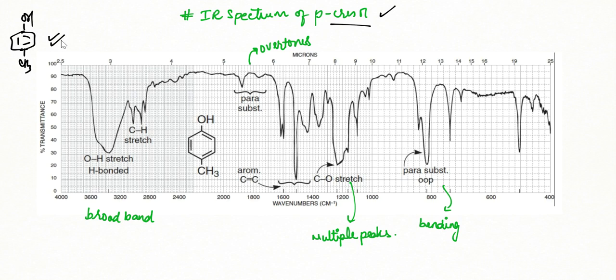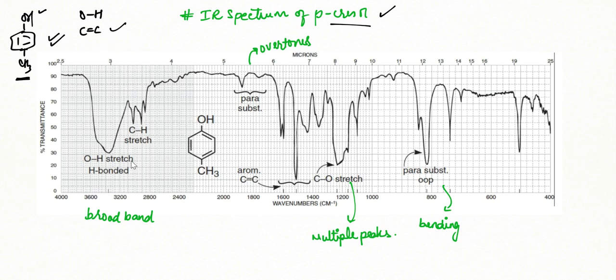Since there is an OH group, there will be oxygen hydrogen stretching, which is going to be hydrogen bonded. We are also having CH3 bending and stretching vibrations. There would be aromatic carbon-carbon double bond stretching vibrations as well as bending vibrations. So in the aromatic region there are going to be a lot of bands, right?